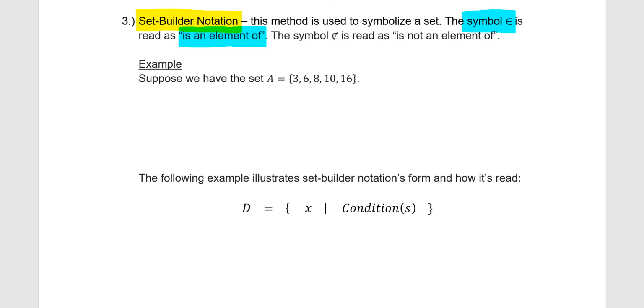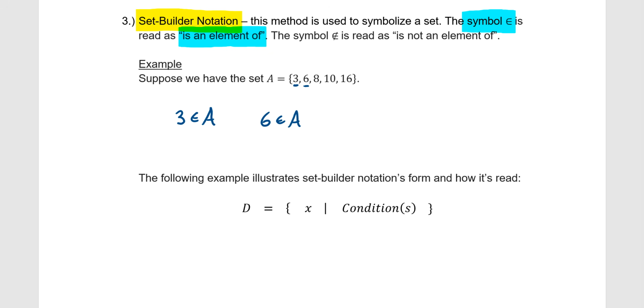So let's say we have the set A, which contains the elements 3, 6, 8, 10, and 16. What we could say here is that 3 is an element of set A because 3 is in set A. We could similarly say that 6 is an element of set A because so is 6.